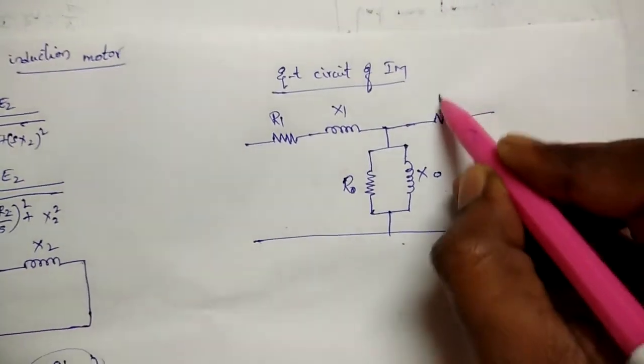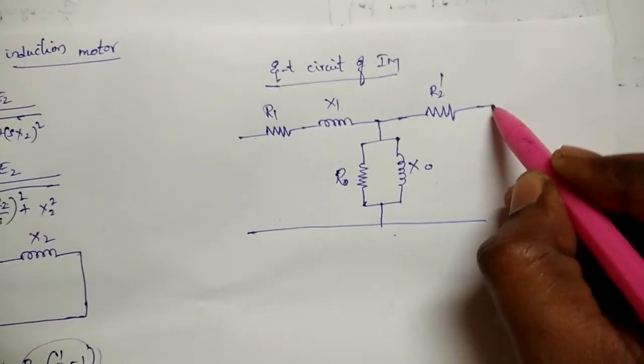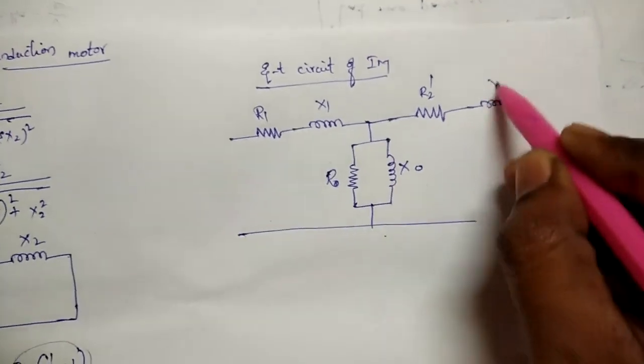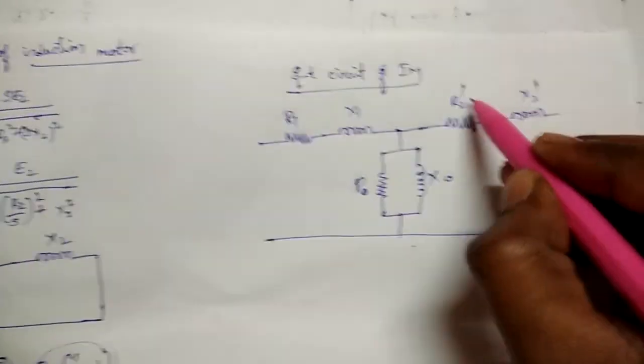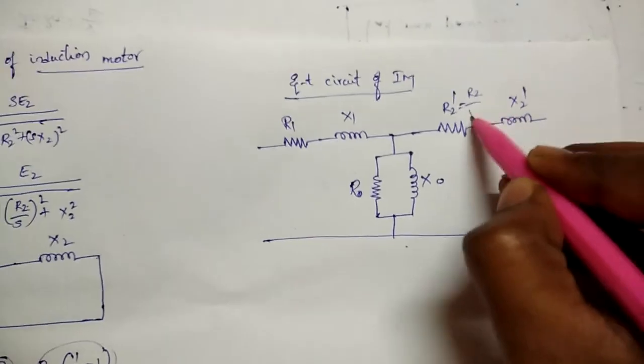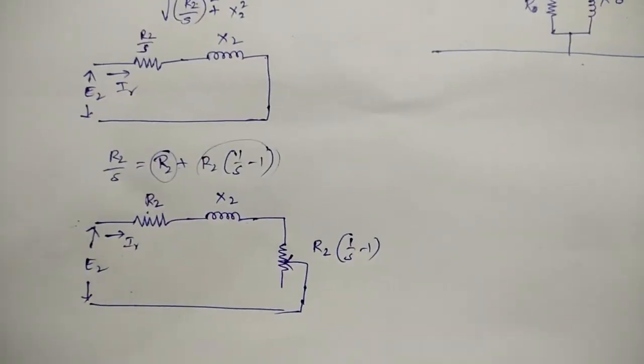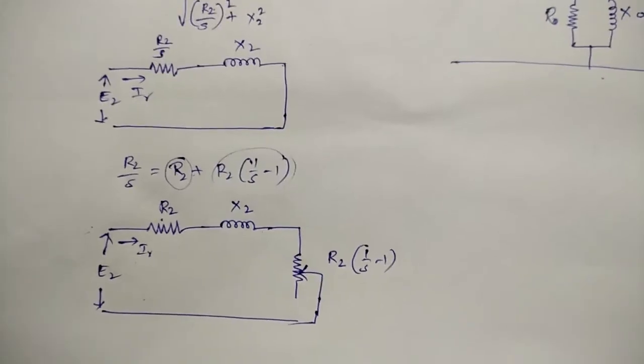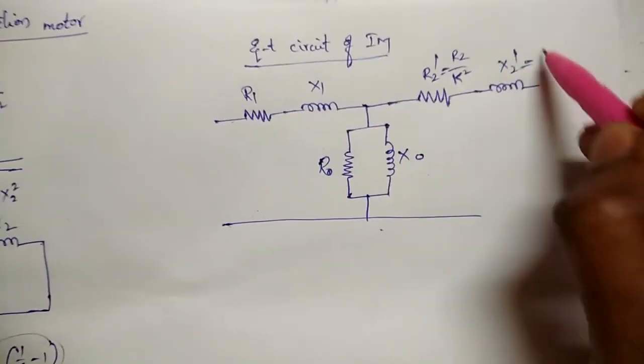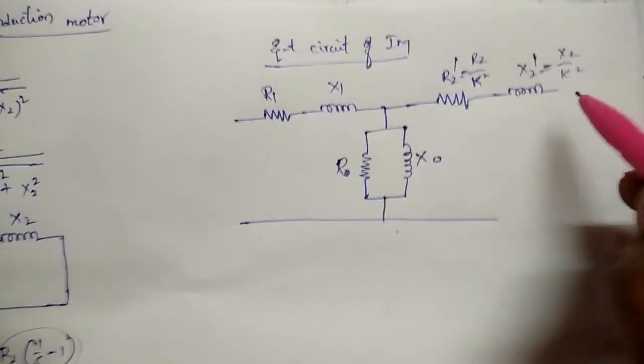So R2 dash is equal to R2 by K square. If you bring the components of resistance and reactance from secondary to primary, those will be divided by K square. So that is equal to X2 by K square.